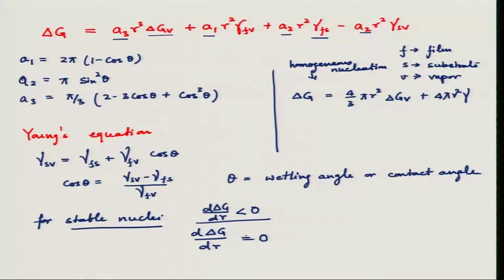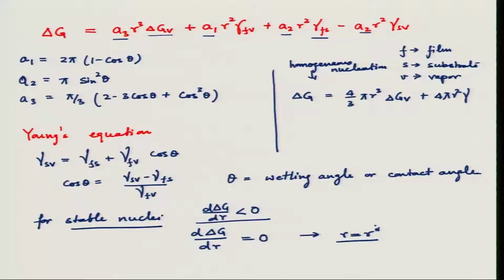And this is the critical radius. Because there are several terms, some increase and some decrease. So at a critical radius and beyond, this nucleus will be stable. This is r star, the critical radius of that stable nuclei.